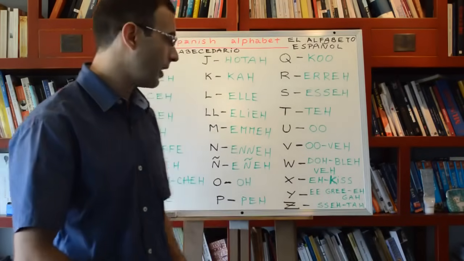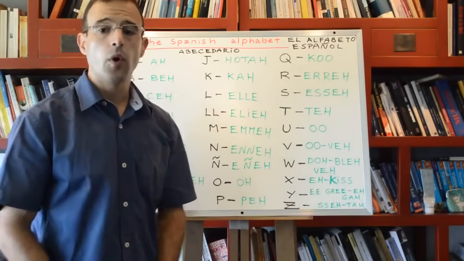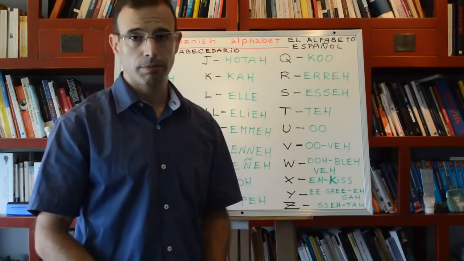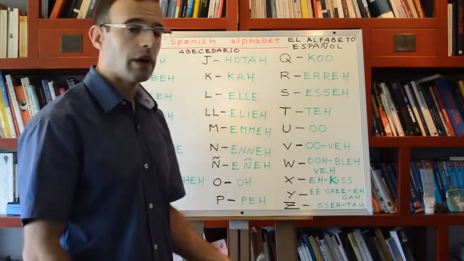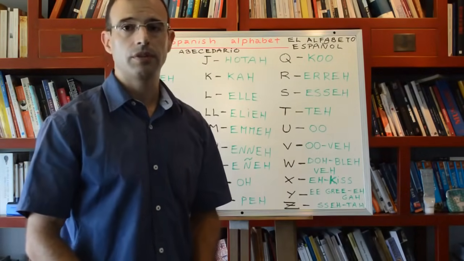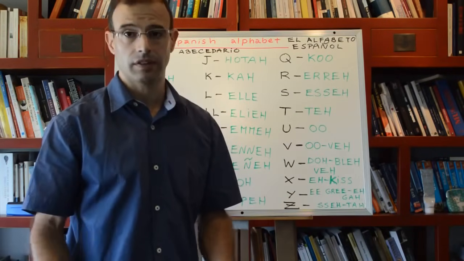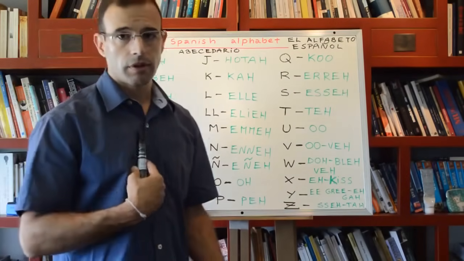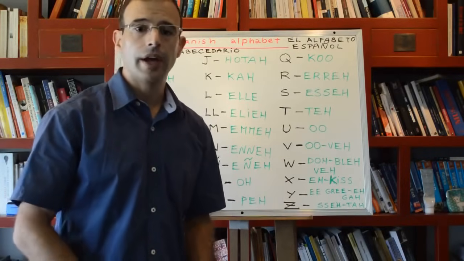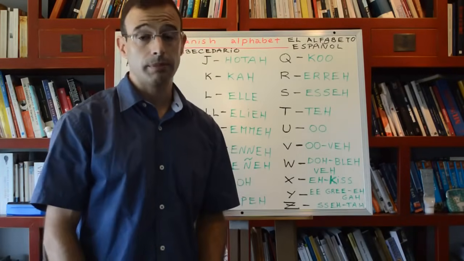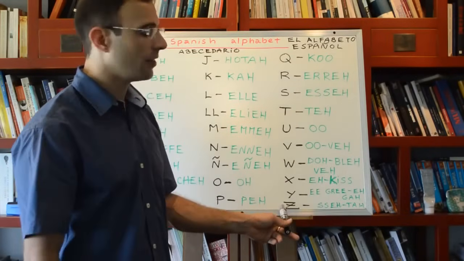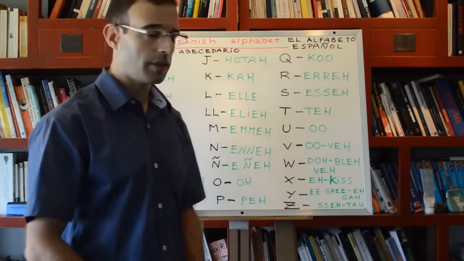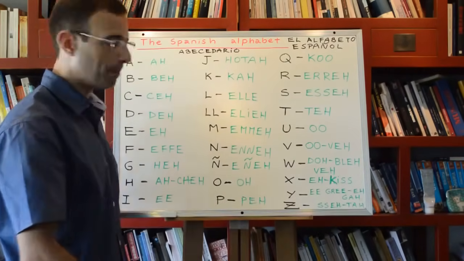However, in all Latin American countries and a few parts of Spain, there is no sound like th. Everything is pronounced like a simple S. Since I'm Uruguayan from South America, and I know how everybody else pronounces in Latin America, I can tell you that it is pronounced zeta in the continent. In Spain it would be theta.